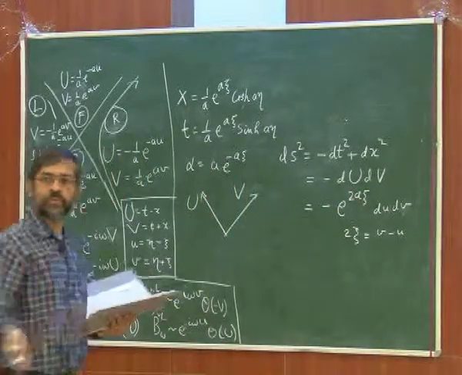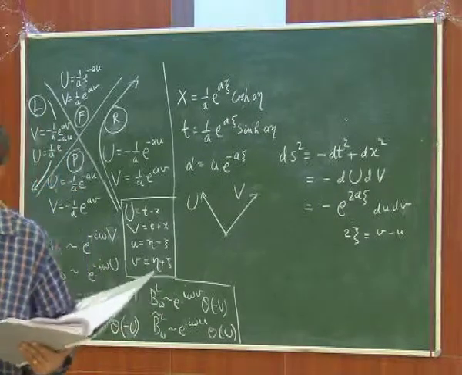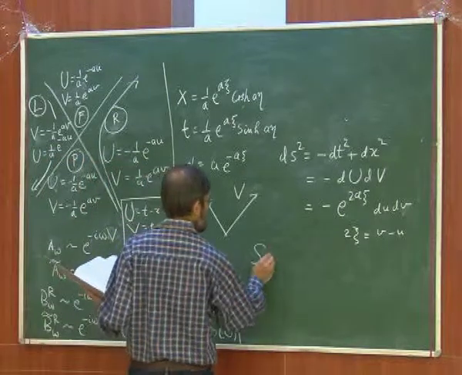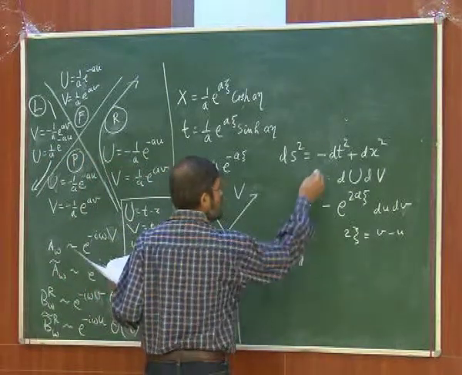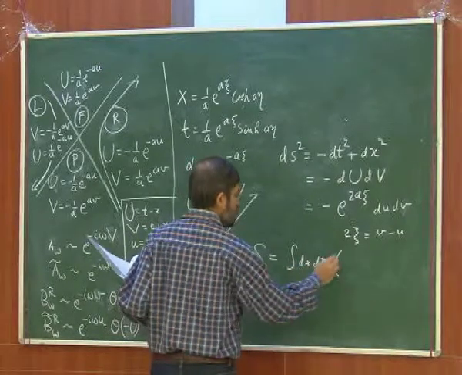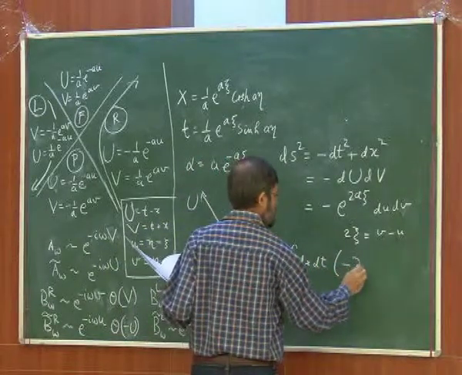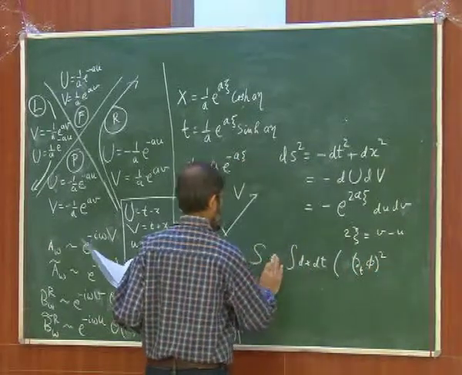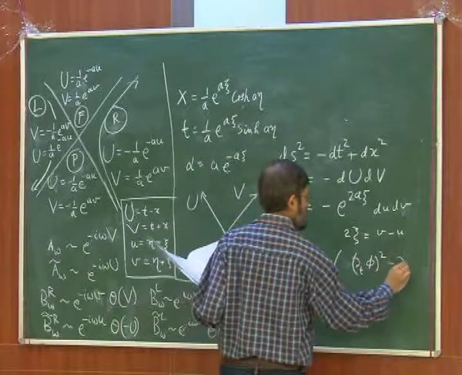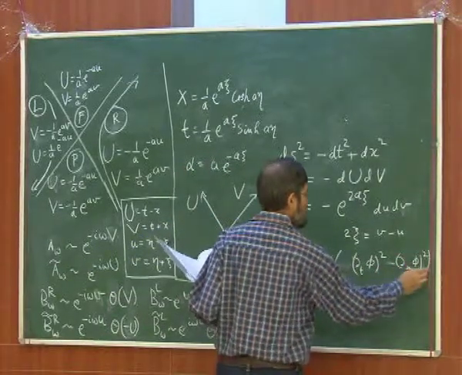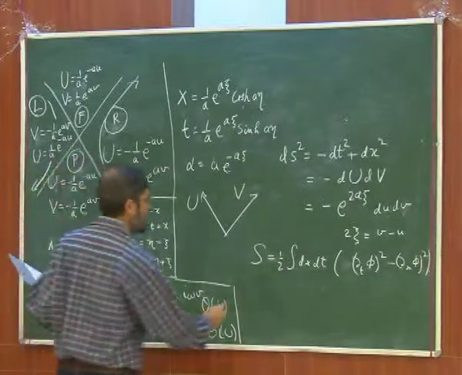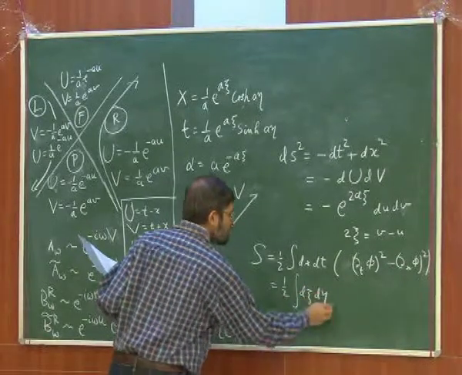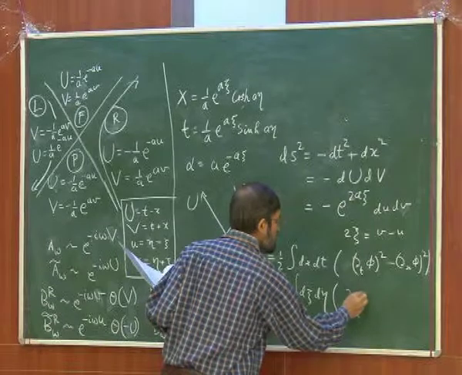So now let us talk about massless scalar field theory, again for convenience. For massless scalar field theory, the action in Minkowski coordinates is like that, and in Rindler coordinates it is the same.